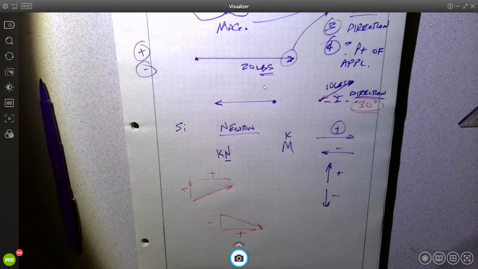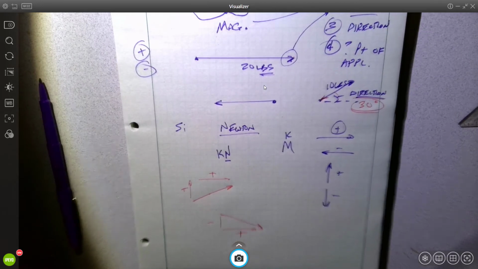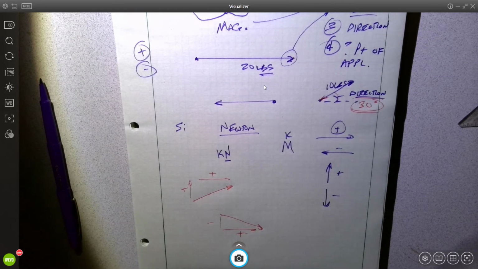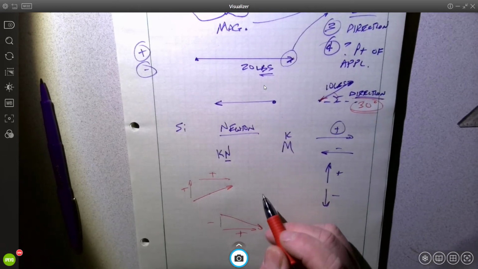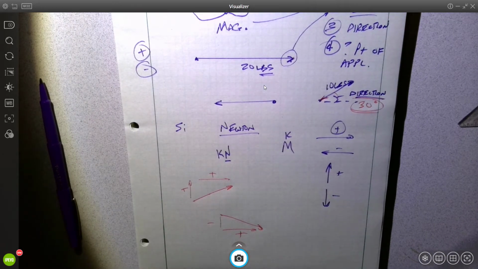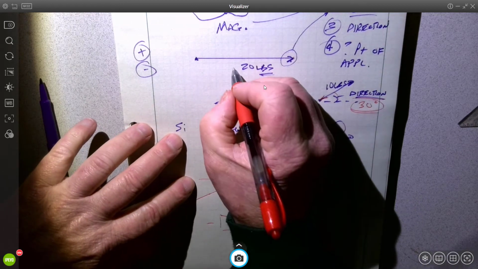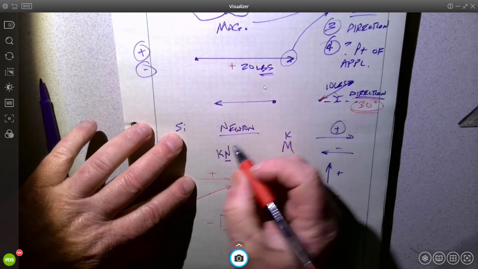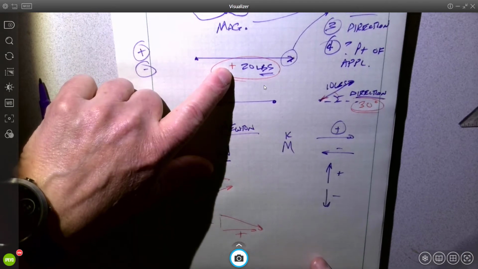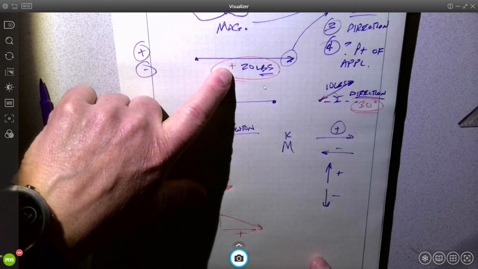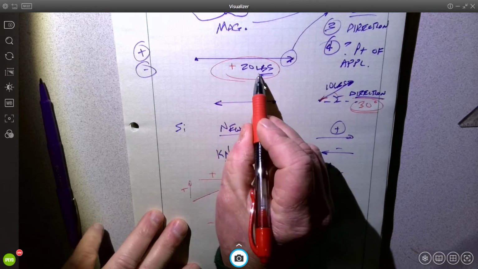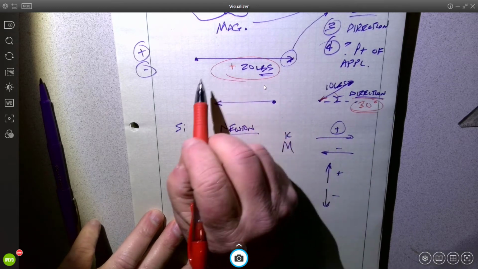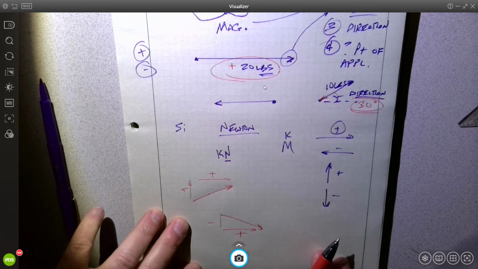So forces at an angle often don't get a sign, they get their angle. Forces that are horizontal and vertical could just get a plus or a minus. For example, this would be a plus 20 pounds. That's its sense. And this is completely appropriate. I know if you write this, that it is positive to the right perfectly.